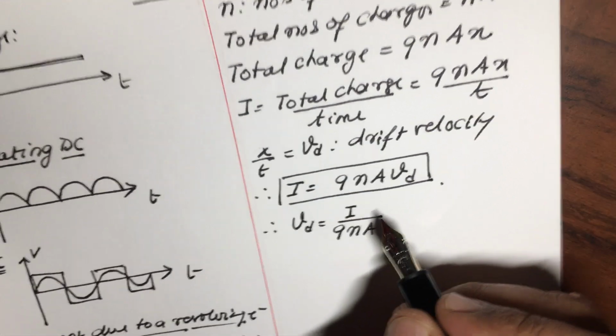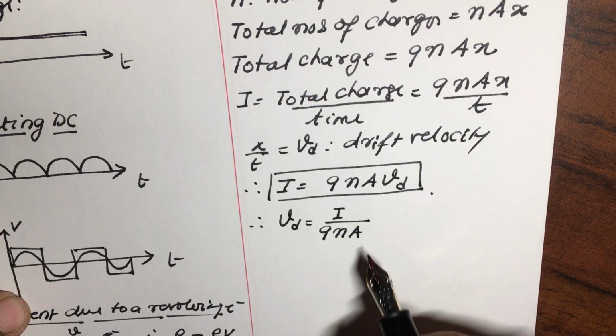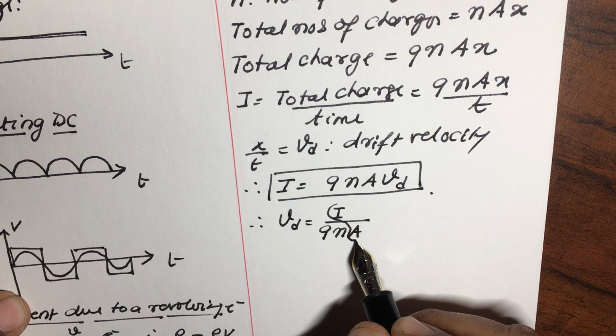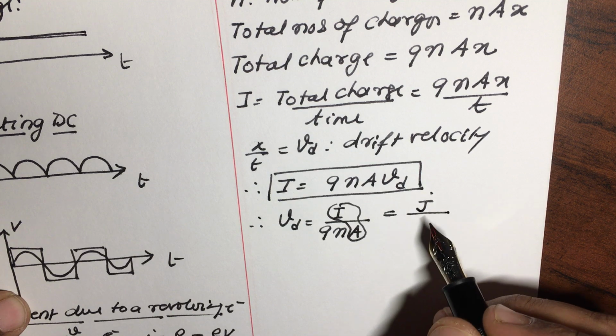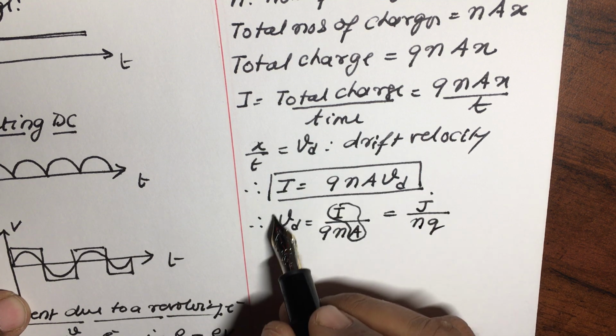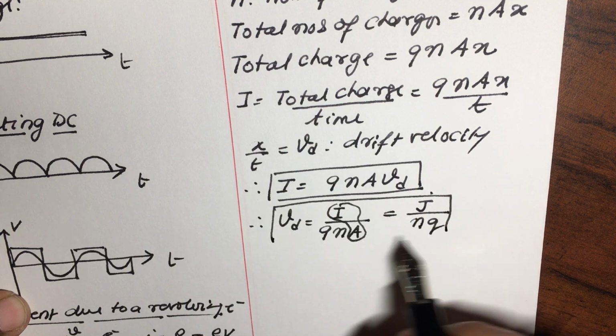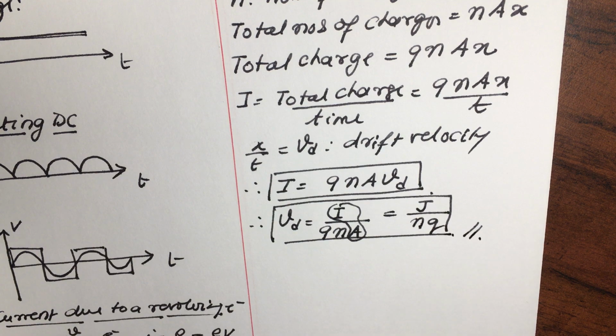And what do you think is I by A? It is J. So we have J by n q. So that gives you the expression for drift velocity. Please remember this.